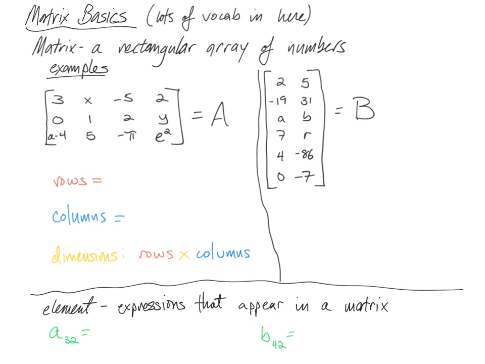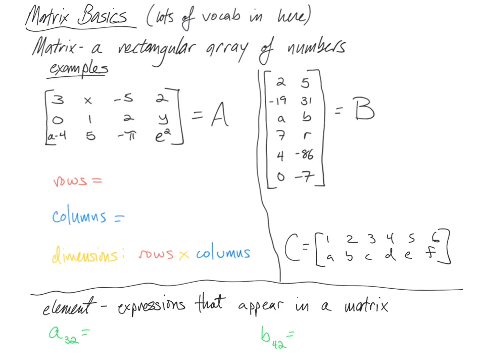Even if you had a matrix like this down here, matrix C, this is 2 tall and 6 wide. These matrices B and C are very different in their dimensions, even though all of these matrices have the same area.